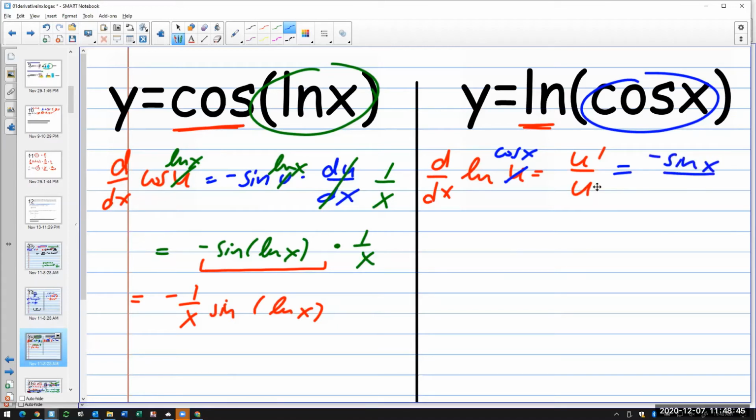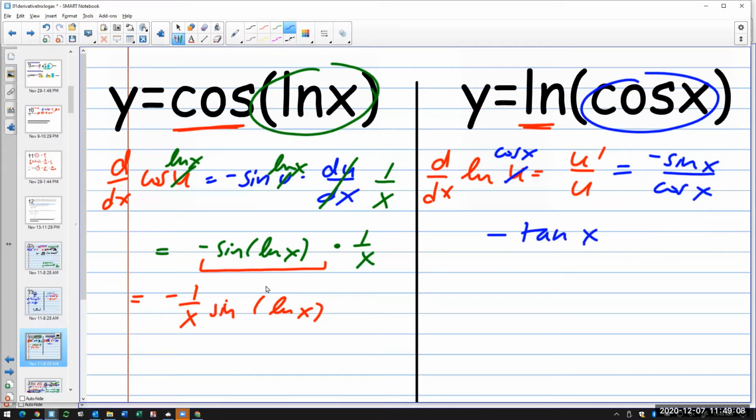What's u? Cosine x, okay? So what I get here, well, just to make sure you understand, it's negative sine x times the derivative of x, right? But the derivative of x is 1. So there's a times 1 here that I'm not talking about. So this is your answer. But what is sine over cosine really? Tangent, okay? So your answer is negative tangent x, okay?